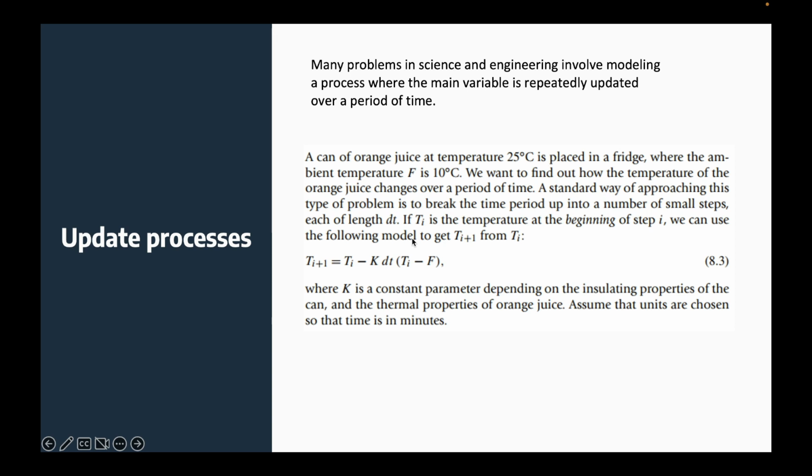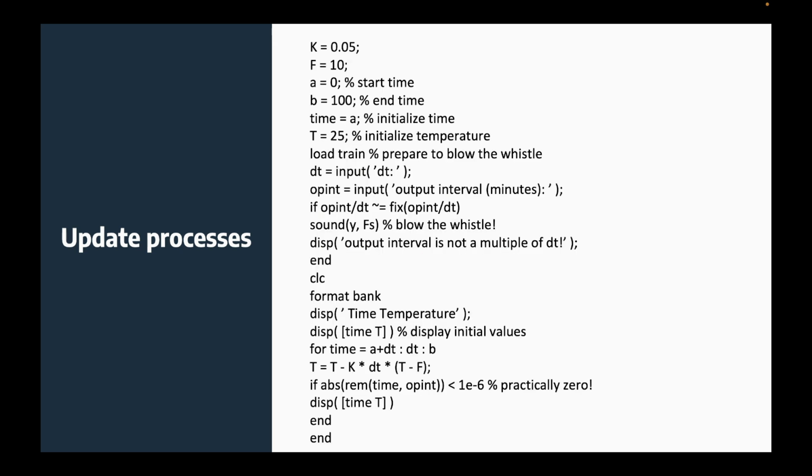Ambient means room temperature or the temperature of the environment that you're in. K again is a constant parameter depending on the insulating properties of the can of orange juice in this case. The units are already chosen, as an assumption, so that our time would be in minutes.